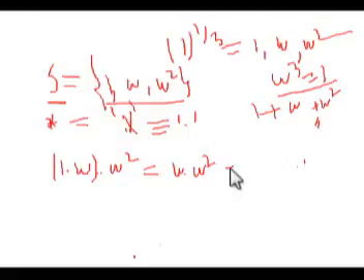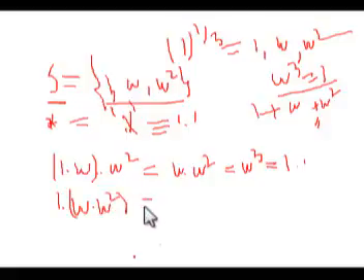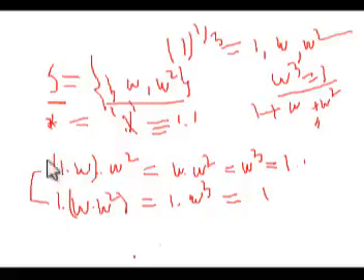And if we multiply further, then we will get omega cube, and at last we will get 1. Now if we do it in the other way, 1, omega square, then we get 1. Then 1 and omega cube, we get 1. So both are equal. Then these three elements are also associative.